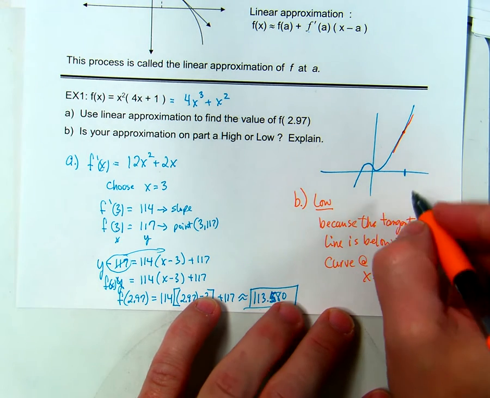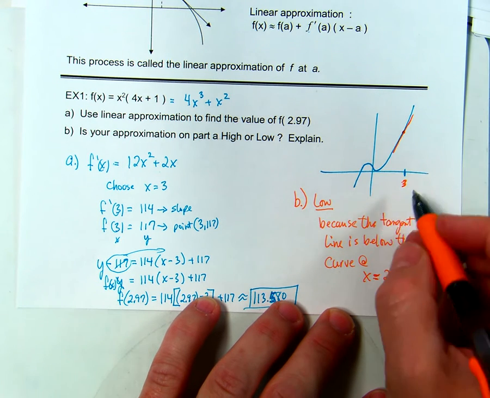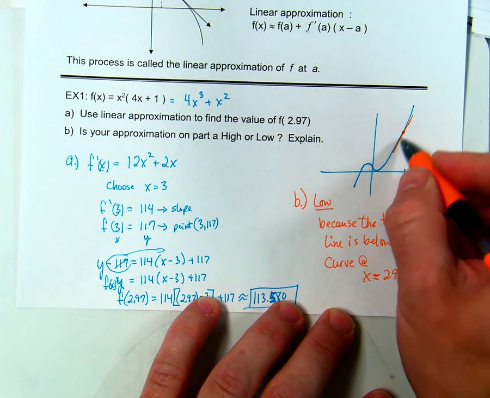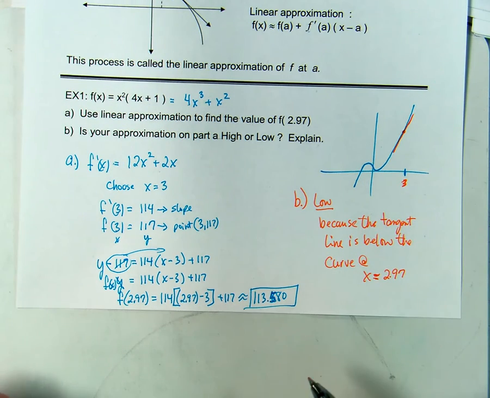Okay, so let's say this is 3, right? So right before that, we know that this line's below this curve, so our approximation is going to be a little bit low. Okay, so hopefully this gives you a better understanding of what we're doing. We pick a number that's close to the number they're asking us to use. Pick a whole number that's close.